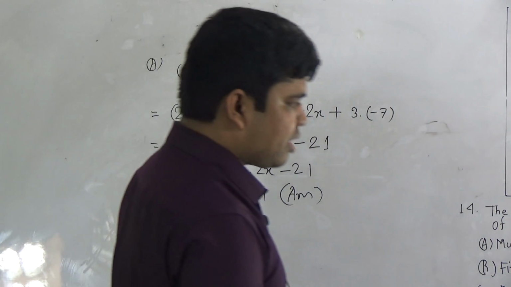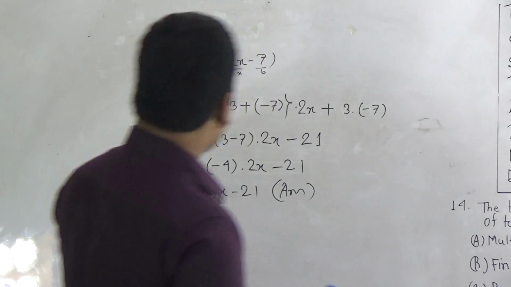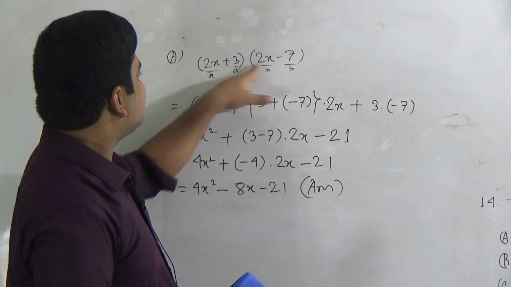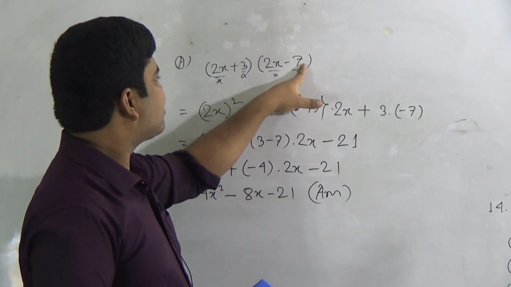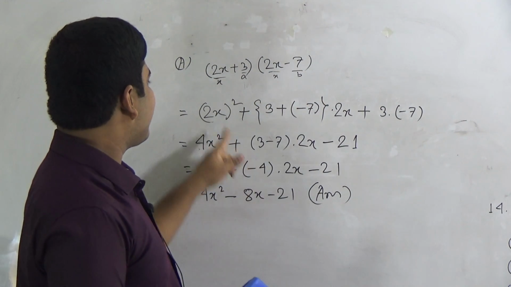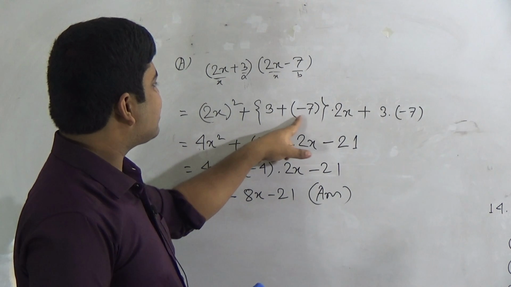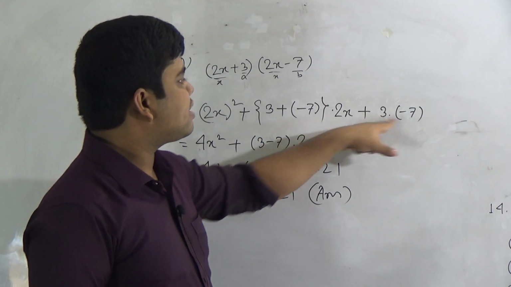Okay, my dear students, I repeat. 2x means x, 3 means a, and minus 7 means b. So, x square plus a plus b into x plus ab.